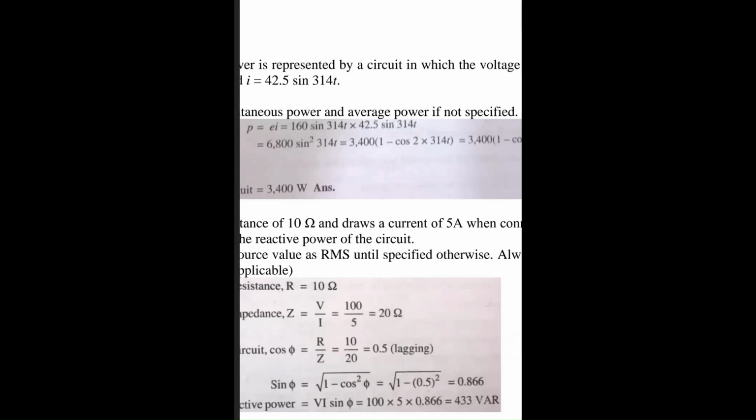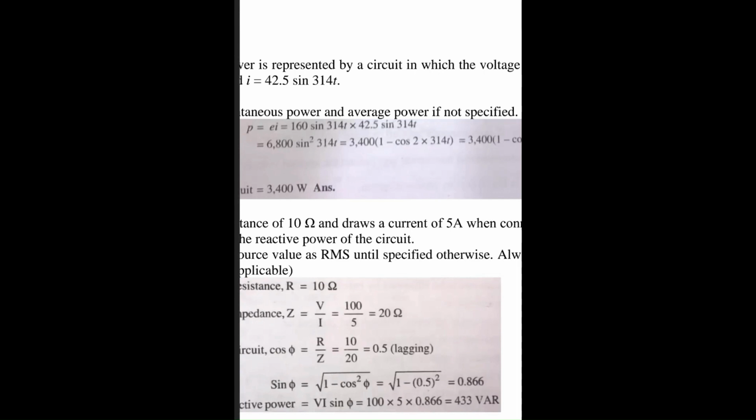As I mentioned in the previous numerical as well, sine square theta and cos square theta can be represented using the cos 2 theta formula. Cos 2 theta is equal to 2 cos square theta minus 1, or 1 minus 2 sine square theta, so it is known to you. So sine square theta is expressed in terms of cos 2 theta. This is the result we achieved: 3400, and within the brackets, 1 minus cos 2 theta.